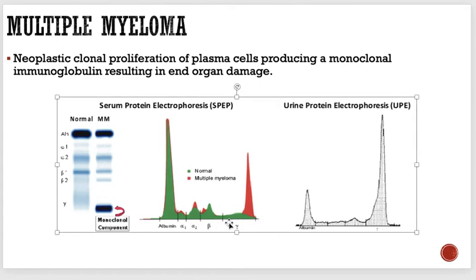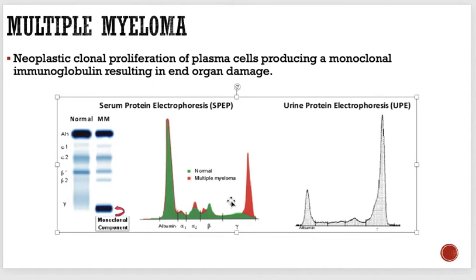Of course then it will be very broad. So in polyclonal gammopathy it will be broad. For example, in different infections, in chronic liver disease, in systemic lupus erythematosus, this band will be very broad.